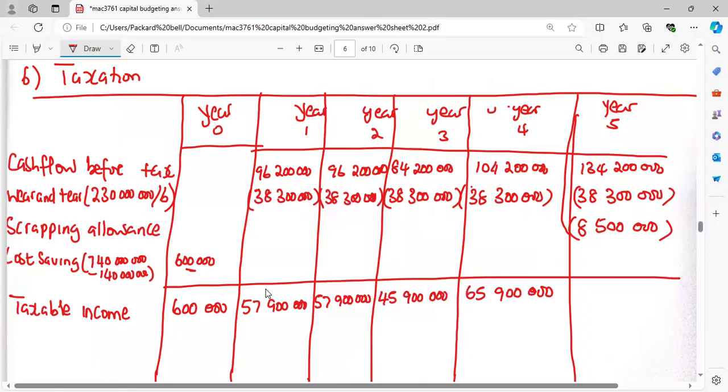Then the last one is 134 minus 87 million 400,000, which is 87,400,000. So these are our taxable income. Then we need now the tax.